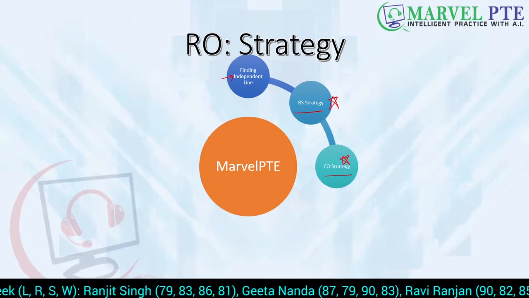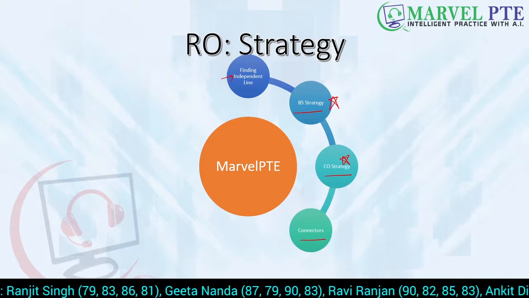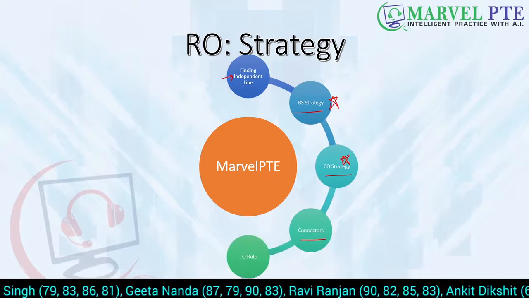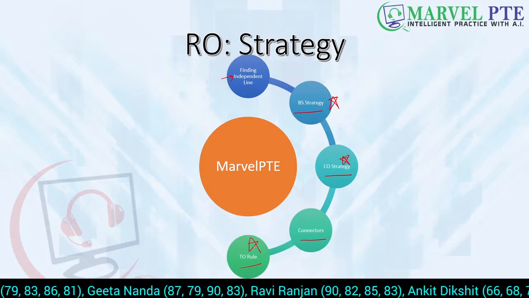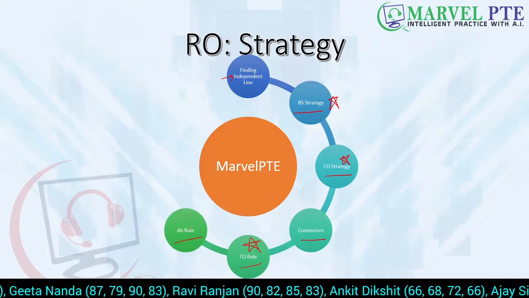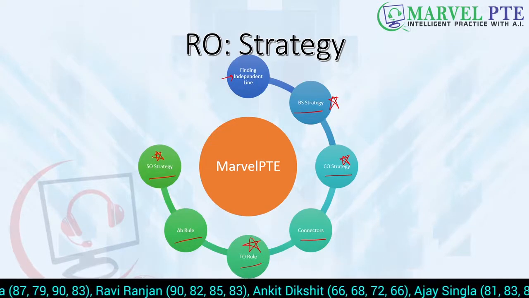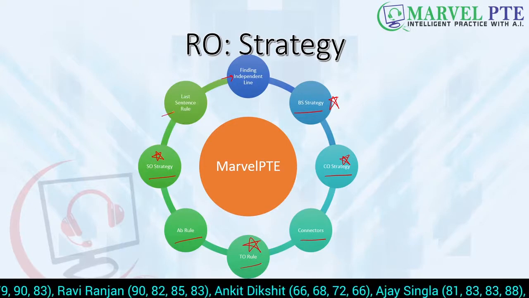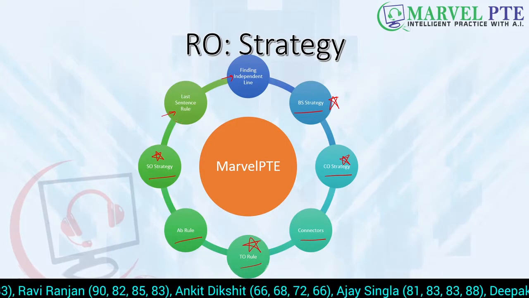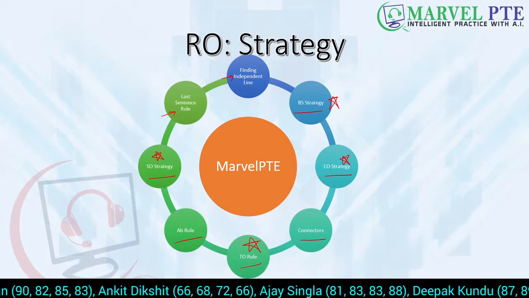CO strategy, chronological order strategy, you have seen its implementation. Connectors के थ्रू भी हम अपने pairs बना सकते हैं. TO strategy, you saw its implementation today, topical order strategy. Then AB rule, abbreviation rules, SO strategy, subject object strategy, you saw its implementation today. And last sentence rules, there are certain rules from which we can find out the last sentences also.